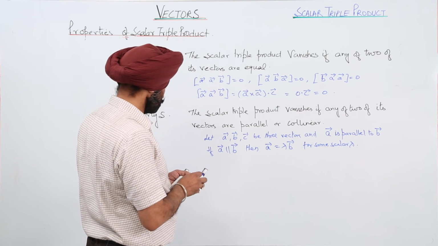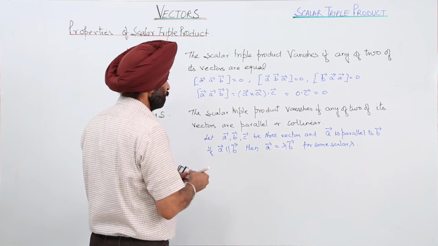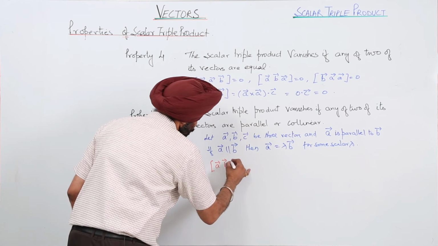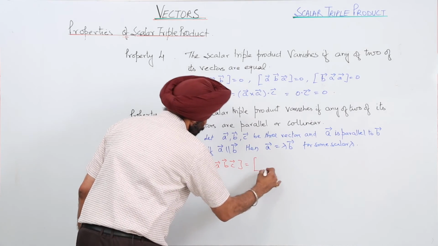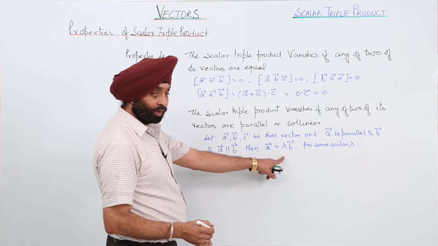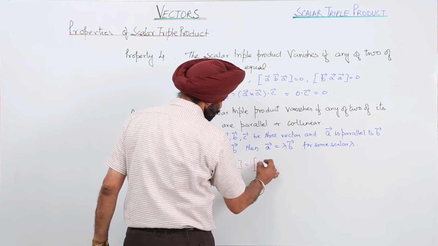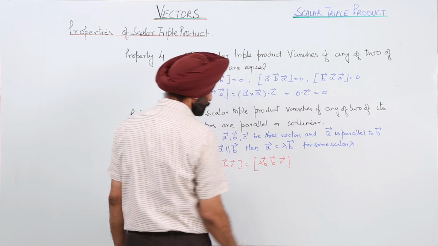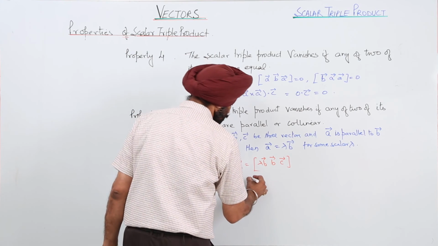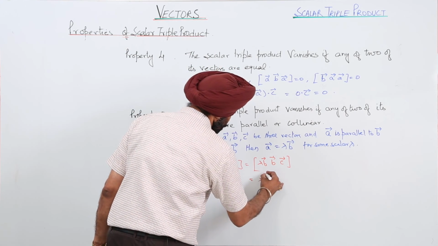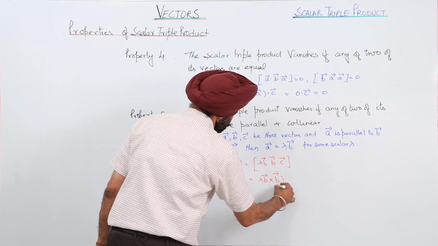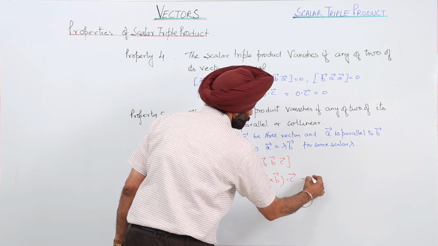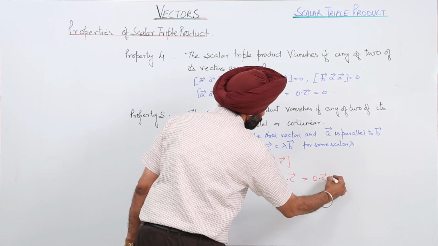Now vector A, vector B, vector C is equal to, now in place of vector A we are having lambda vector B, so we will be writing lambda vector B, vector B, vector C. Now this will be then lambda vector B cross product of vector B dot vector C, and this will be 0 dot vector C is equal to 0.